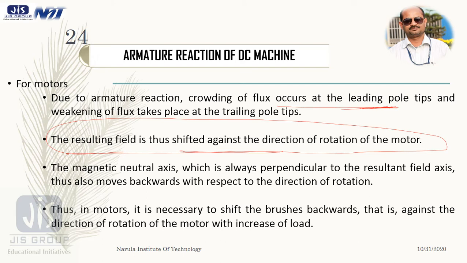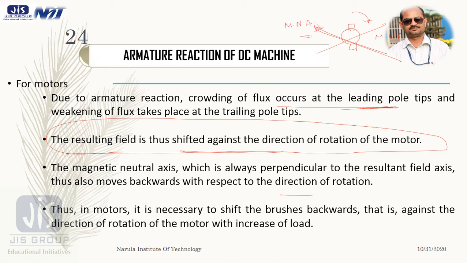The magnetic neutral axis, which is always perpendicular to the resultant field flux, thus also moves backward with respect to the direction of rotation. So for a generator, this was my direction of rotation, so the MNA is shifted along the direction of rotation. For a motor, it is shifted backward. So for a motor, this will be my new MNA.